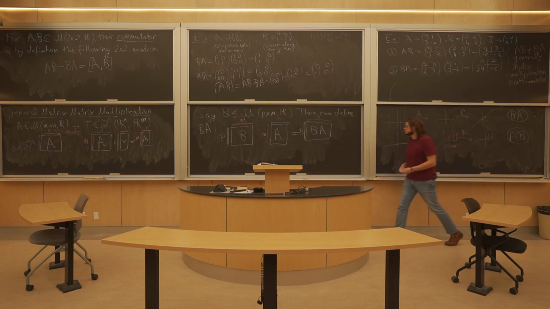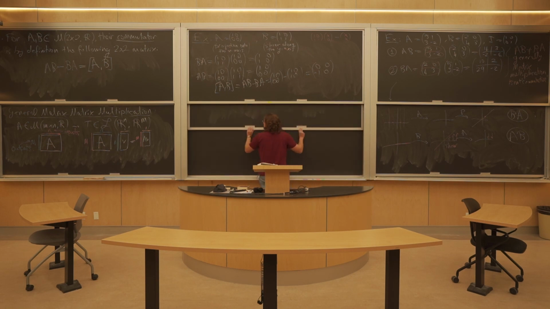Now, I still haven't told you how exactly you do this. Let me just write down that formula as well, and then tomorrow we're going to spend a lot of time on it also.